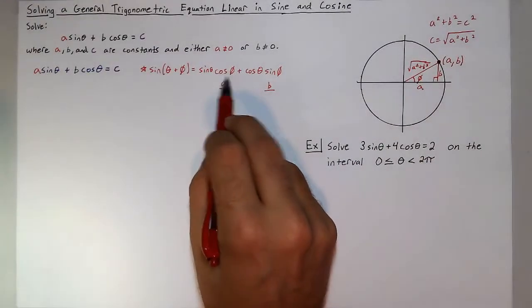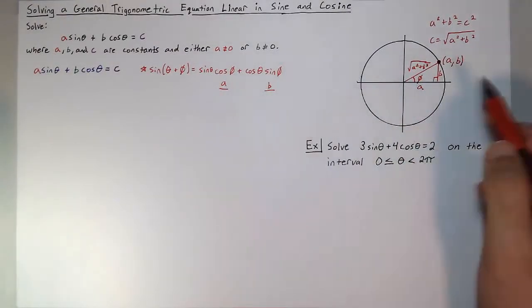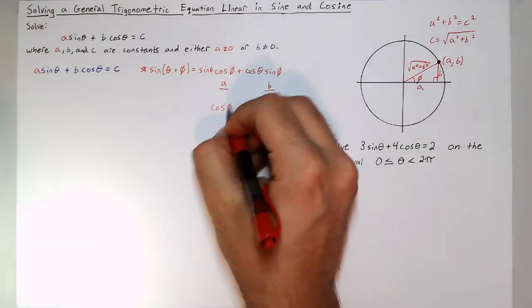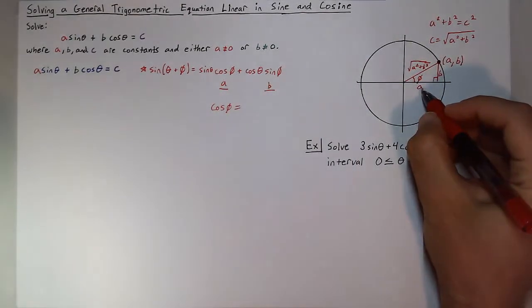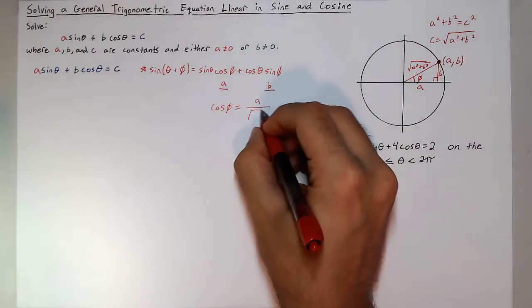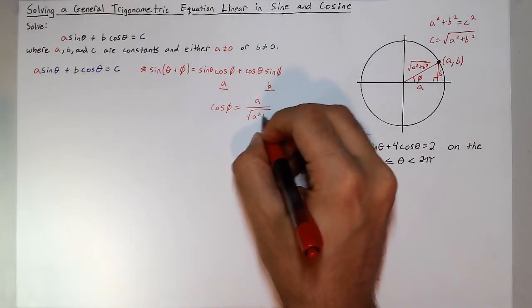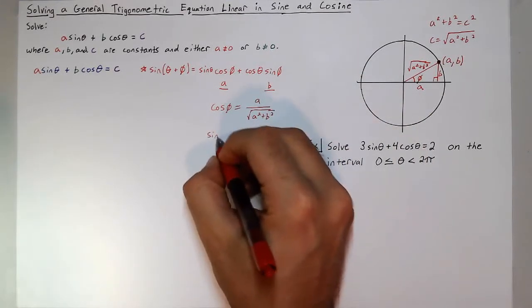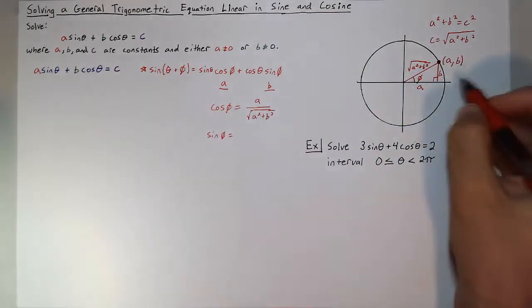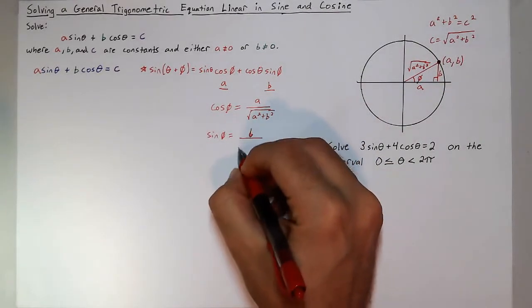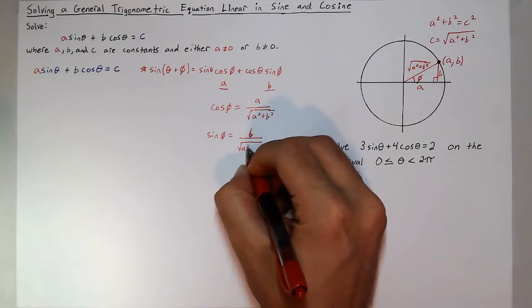So if I were to write what cosine of phi would be equal to with this point, it would be adjacent a over the hypotenuse, the square root of a squared plus b squared, and sine of phi would be equal to opposite b over hypotenuse, the square root of a squared plus b squared.